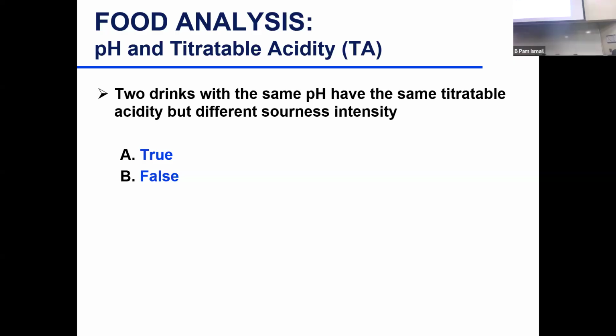It takes a lot of citric acid, for example, or acetic acid to lower the pH to the same pH as HCl, because HCl is a very strong acid. It readily dissociates, so it brings down the pH much quicker at a lower concentration than an organic acid.